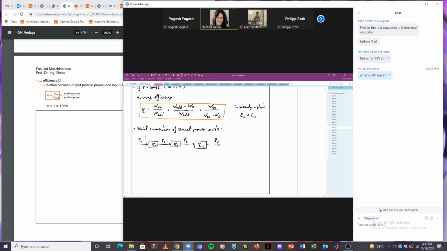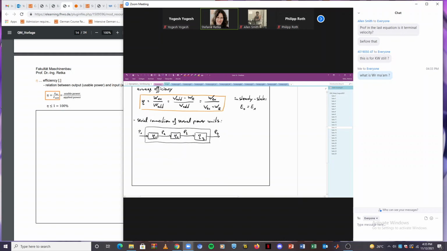Okay, now let's assume that this is our system consisting of 3 power units in serial connection. Then the total efficiency is equal to the extracted power P4 at the end, the final power that can be extracted, divided by the input power.